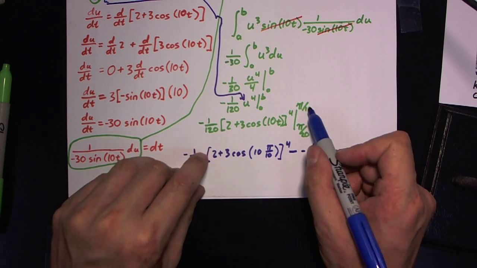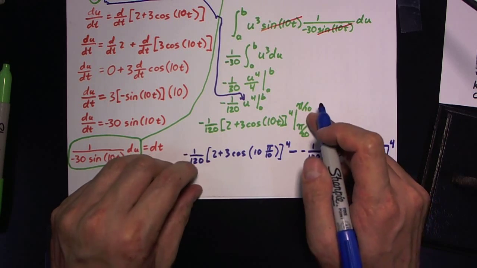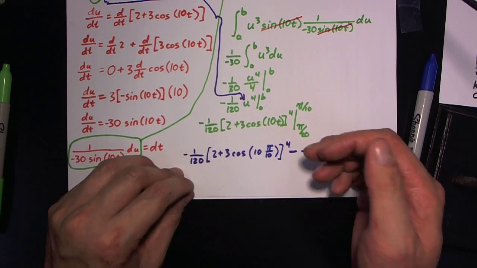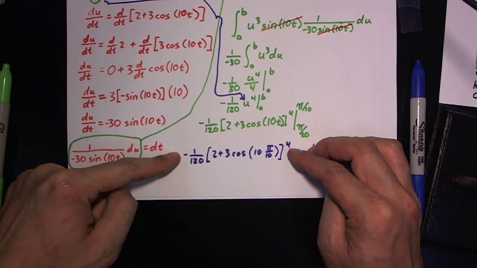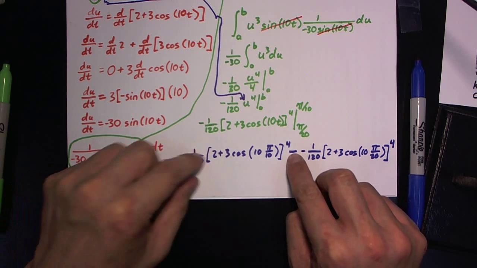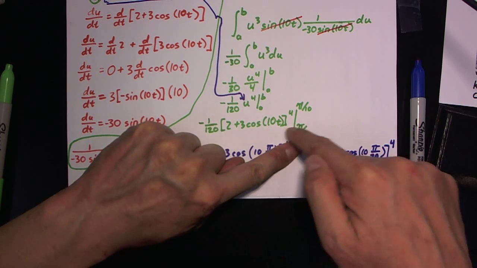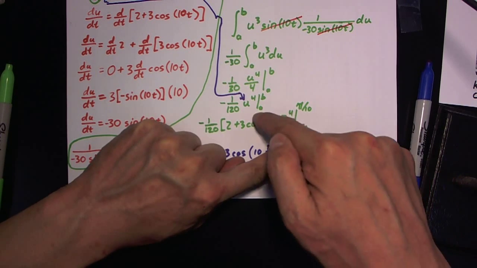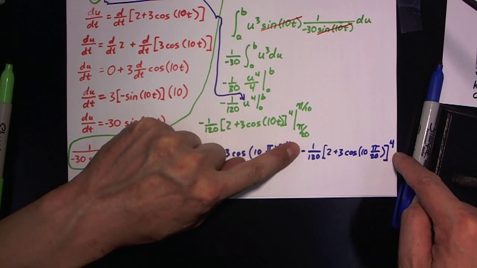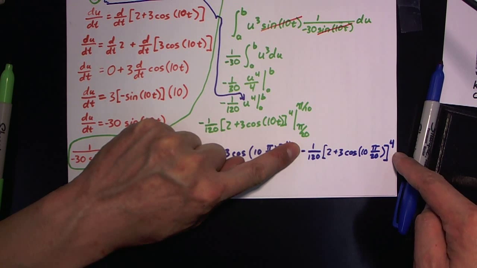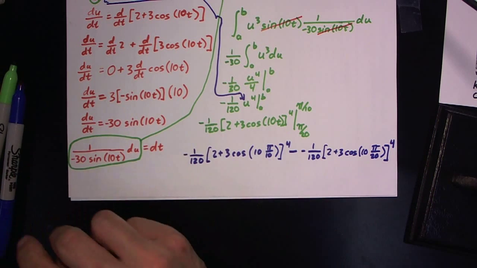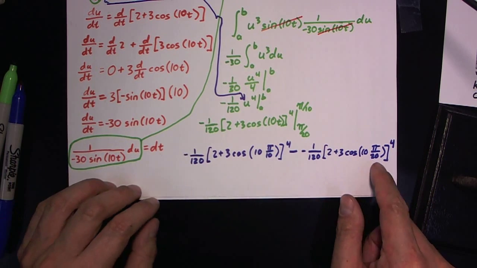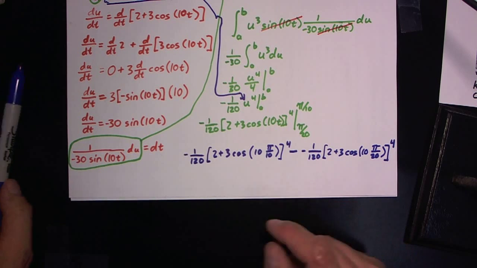All I did was take the pi over 10, and that's our upper boundary, so that's how I get this part that's between my two index fingers right now, and then we subtract this whole function with the pi over 20 substituted into it, so that's the portion between my index fingers now. Alright, so 10 over 10, that cancels out, and 10 over 20, that's the same thing as 1/2.